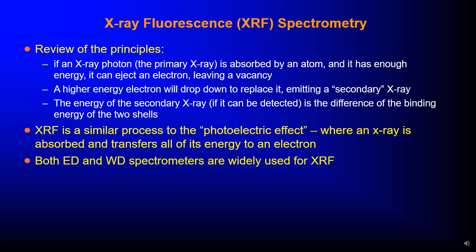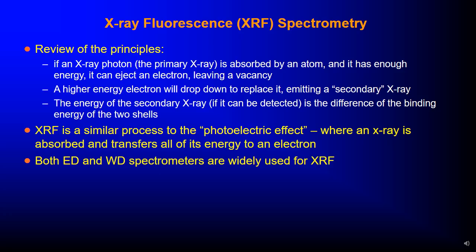The energy of the secondary X-ray is the difference of the binding energy of the two shells. So X-ray fluorescence is a similar process to the photoelectric effect, where an X-ray is absorbed and transfers all of its energy to an electron.